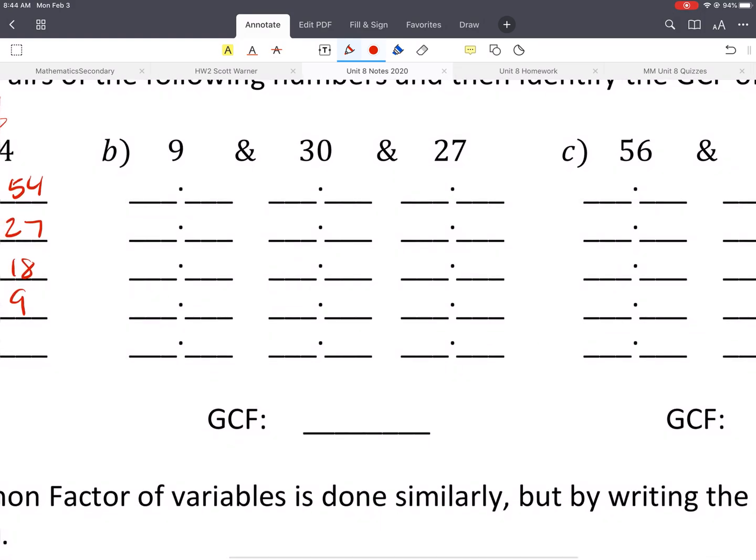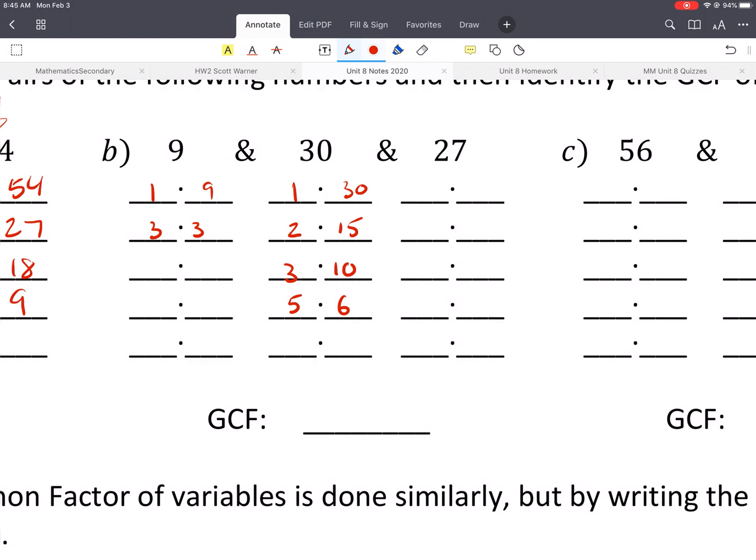You can probably skip this if you feel like you're comfortable with 3 terms, but I'll probably go over it. So 1 and 9, 3 and 3, okay, 3 is already on the other side, so we listed all of those factors. 1 and 30, 2 and 15, 3 and 10, 4 doesn't go in, 5 goes in 6 times, and then we're back up to where we were.